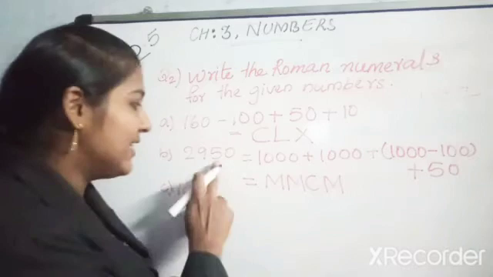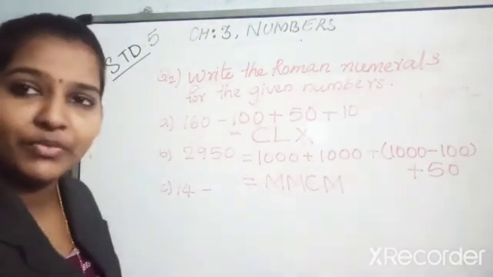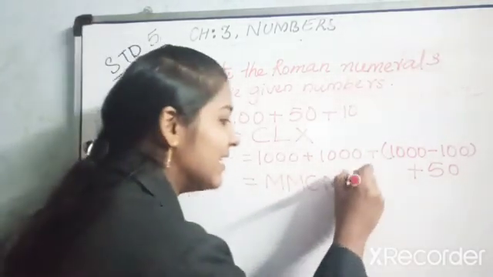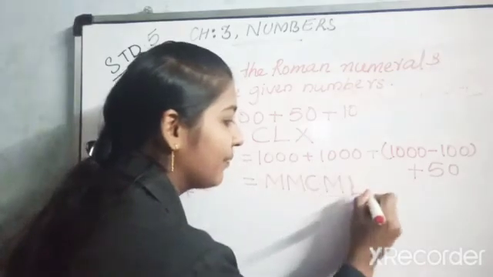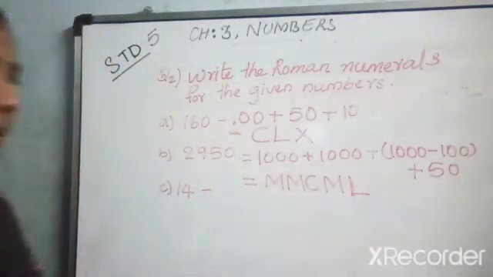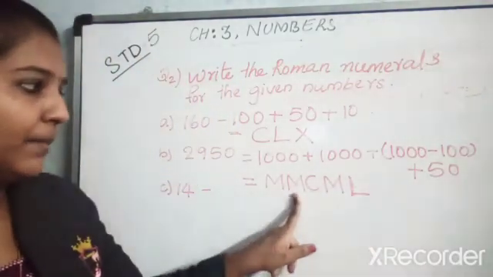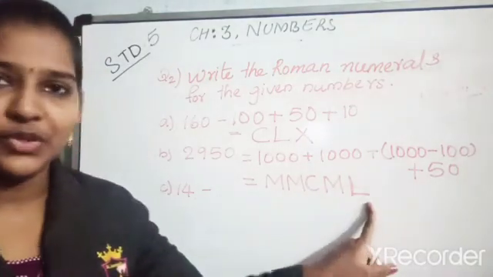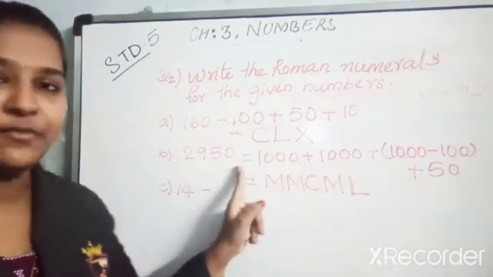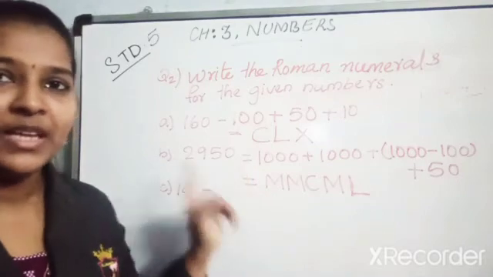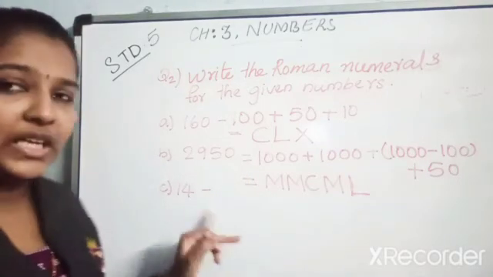Okay. Plus 50. To show the number 50 we can write L. So MMCML shows 2950.